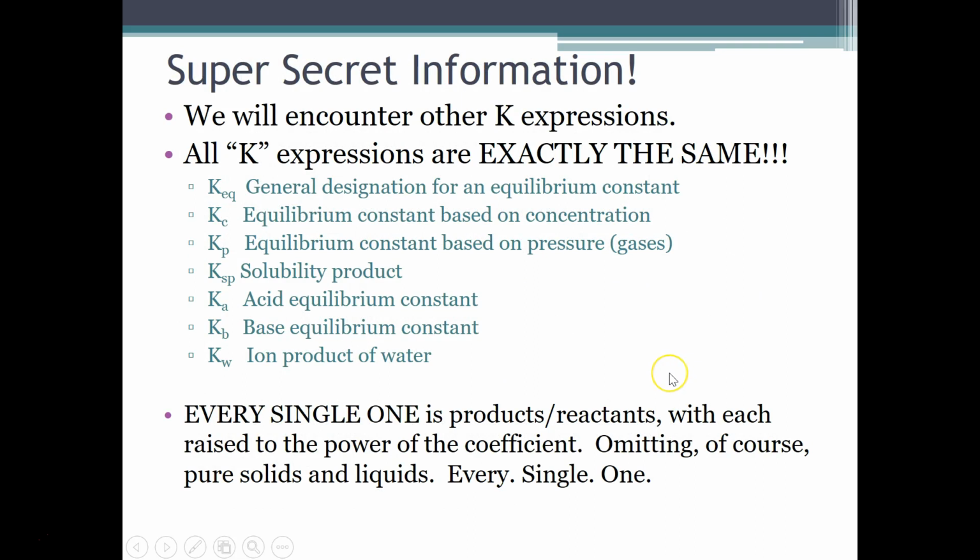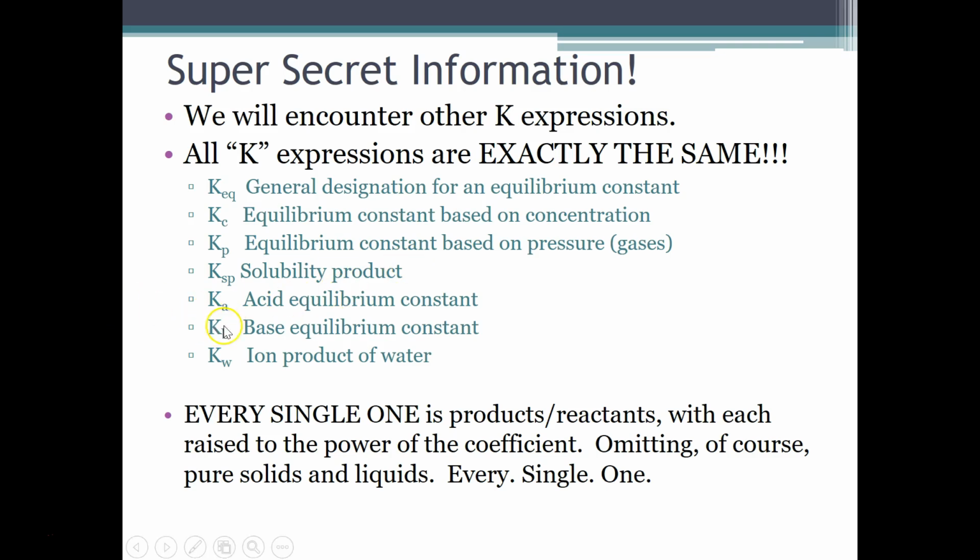Alright, so super secret information. I'm assuming it's super secret because a lot of this we're going to look at in Unit 8. So like I mentioned, KEQ is the general designation for an equilibrium constant. K sub C concerns concentration. K sub P concerns pressure. KSP is called the solubility product, which shows us how much of an ionic solid will dissolve in water.